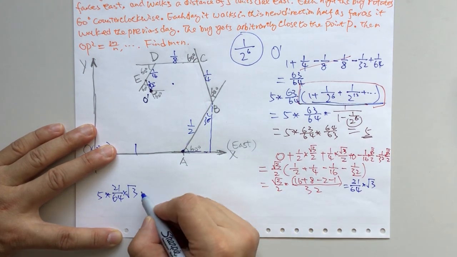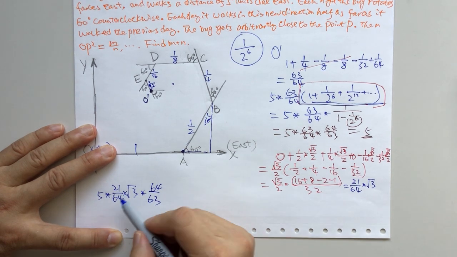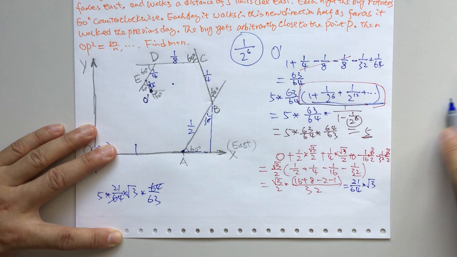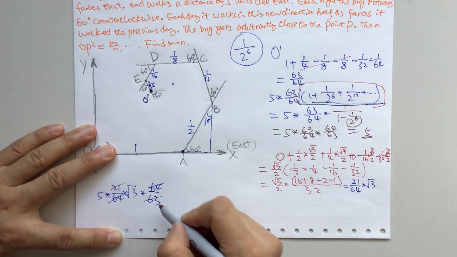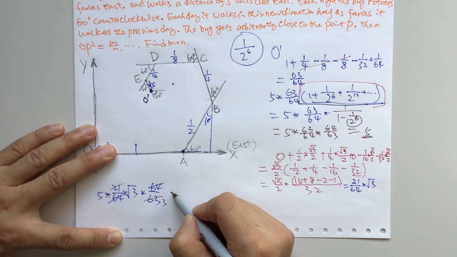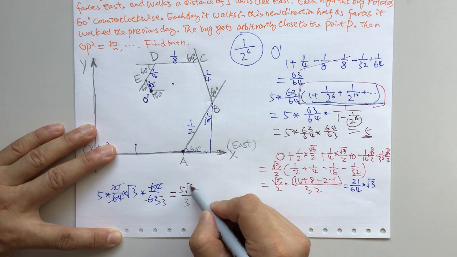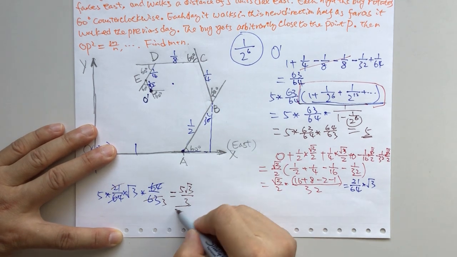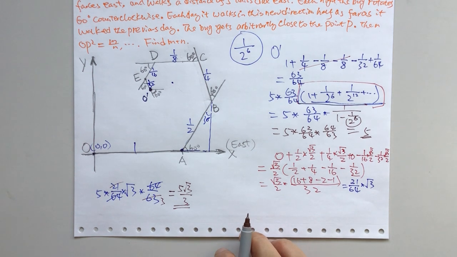So we multiply by 64/63. The 64 cancels, and 21 over 63 is 1/3. So this equals 5 times 1/3 times the square root of 3, which is the y coordinate of point P.